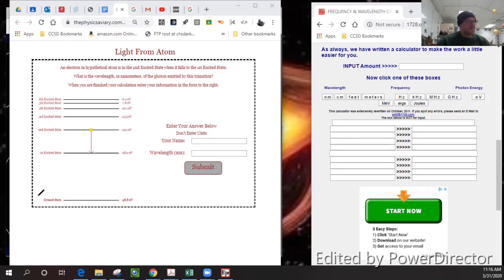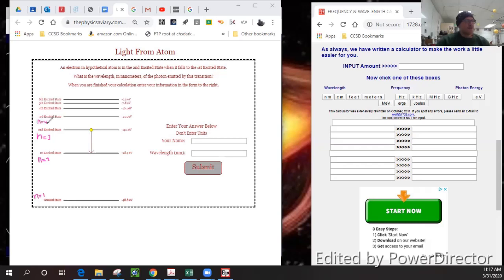Remember, n equals 1 is the first energy level. The first excited state is n equals 2. This here is n equals 3, the third energy level, and this we'll call n equals 4.